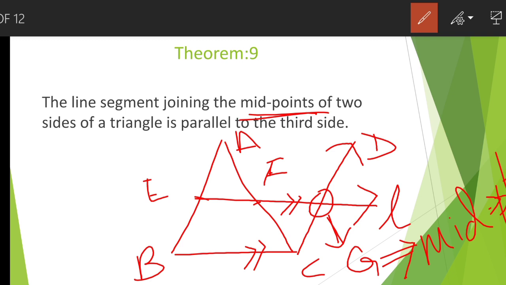If we draw another line CD, the line L meets CD at a point G, which is the midpoint of the line CD. This theorem is also called the midpoint theorem or MPT.